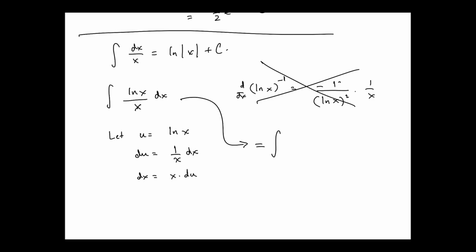I have dx, which is x times du. I've got the natural log of x, but what did I call the natural log of x? u. And then I have the x that's in the bottom. And what happens to the x's? They cancel. And so now I'm left with just the antiderivative of u du. Oui ou non? Okay.